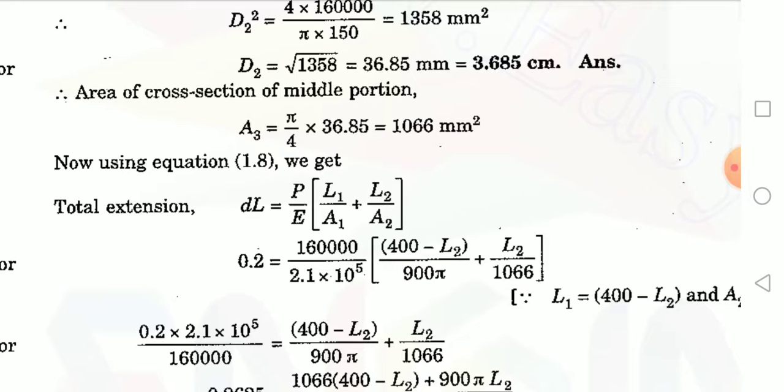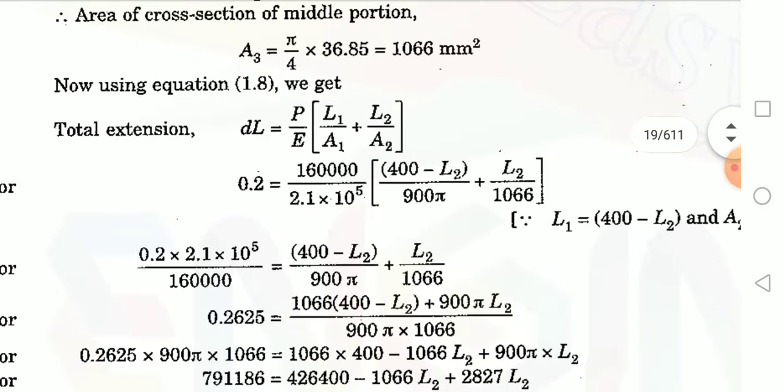The elongation of the rod was given, that is del L is 0.2 mm. Now you can see clearly that the unknown is L2. So by solving this we can find out L2.